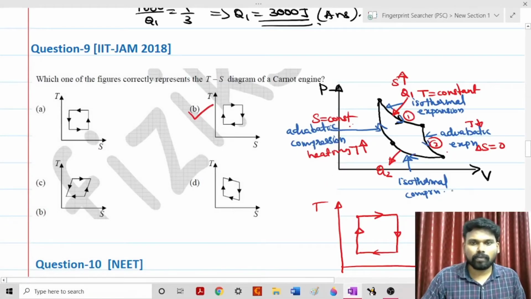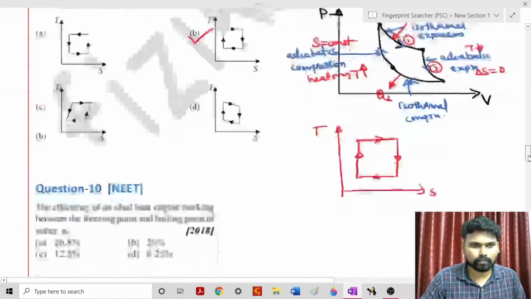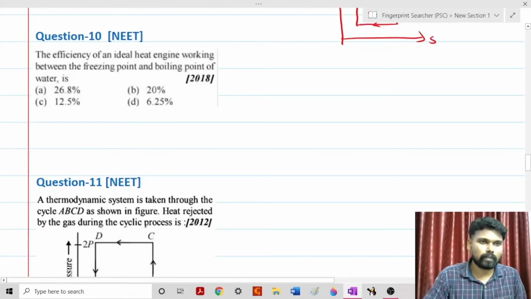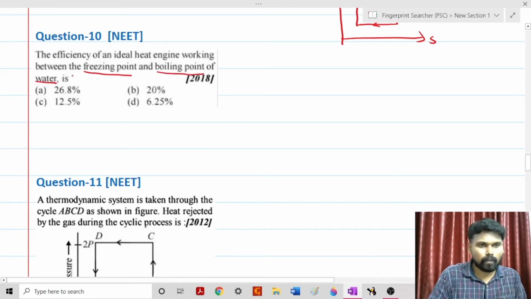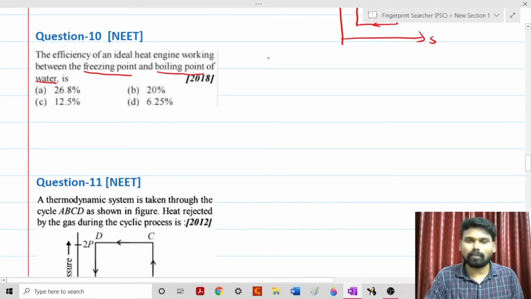Okay, now we will go to the next question. Question number 10. It's a NEET exam question. The efficiency of an ideal heat engine working between the freezing point and boiling point of water. So the source temperature and the sink temperature are given.